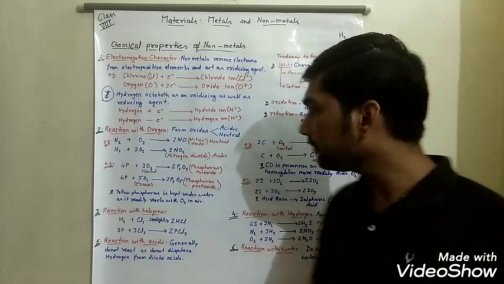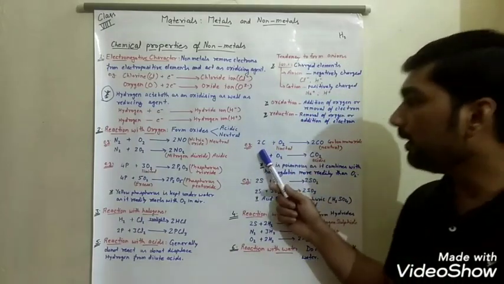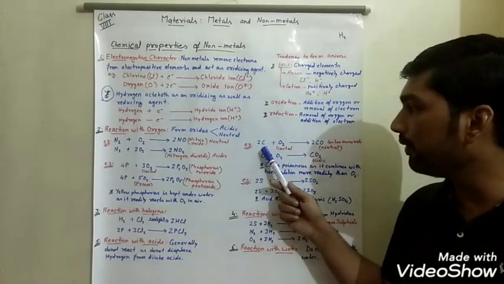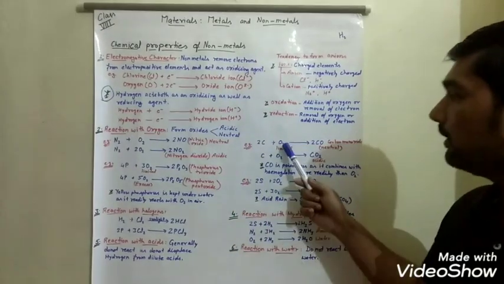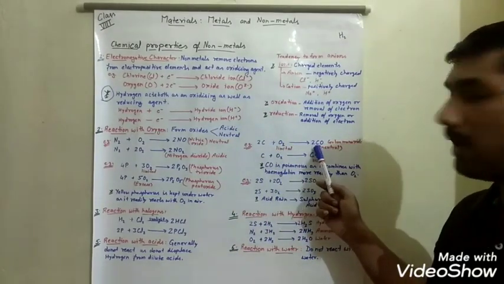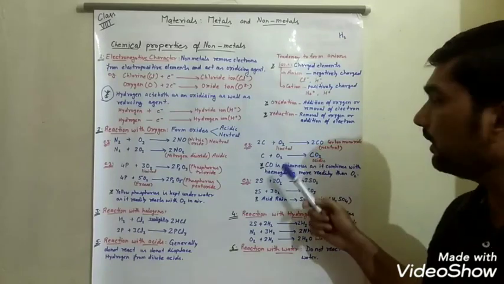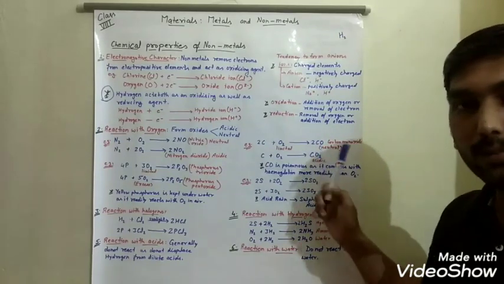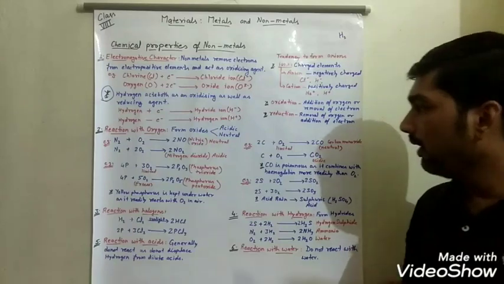with oxygen. You can see here, when carbon reacts with oxygen in limited amount, it forms a compound of carbon and oxygen known as carbon monoxide.